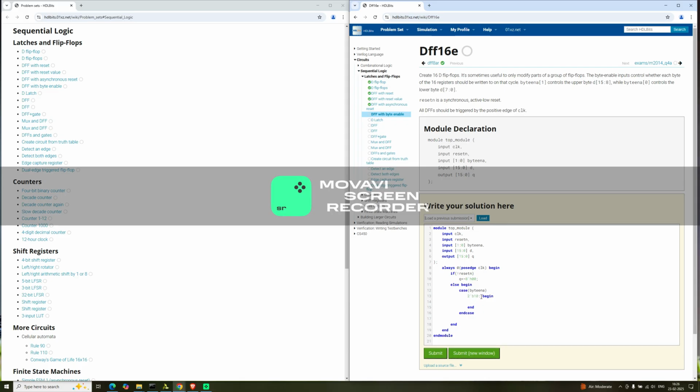When byte enable 1 is 1, then only the upper byte of D, D[15:8], will be transferred. So Q[15:8] will be assigned by D[15:8].